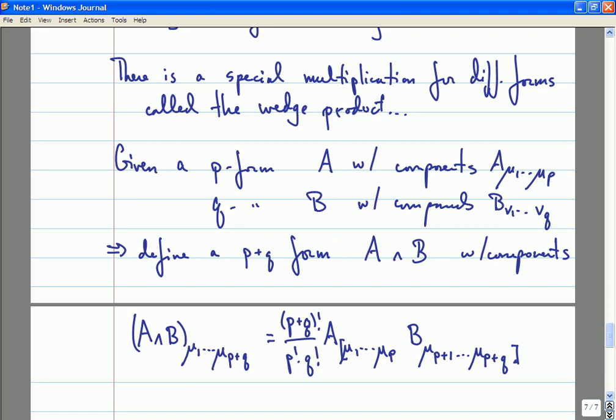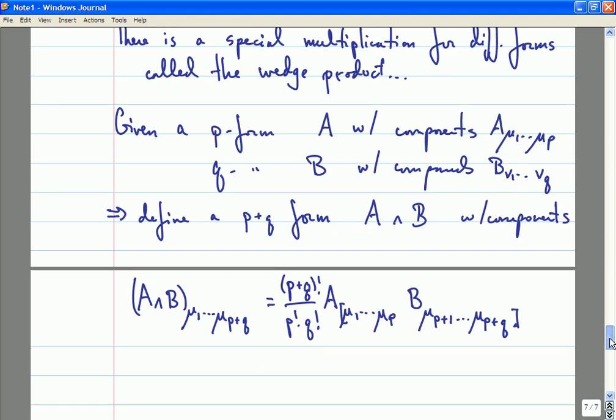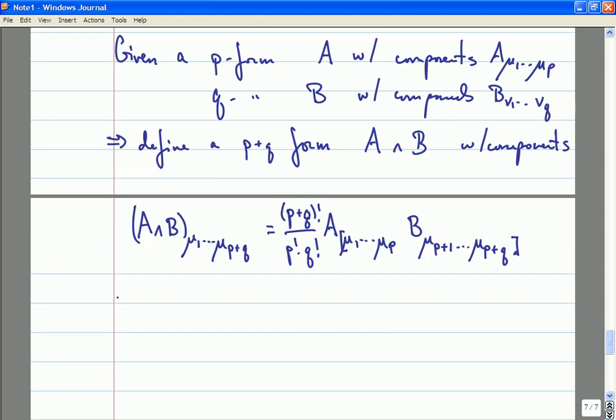Okay, so just as we can use dx mu as a basis of one-forms, we can take as our basis of two-forms the tensors dx mu wedge dx nu.